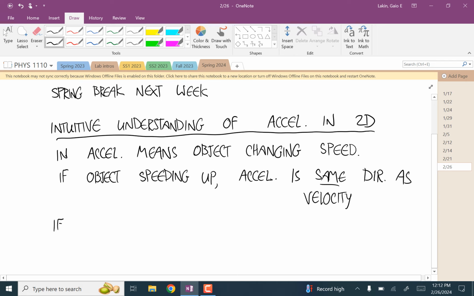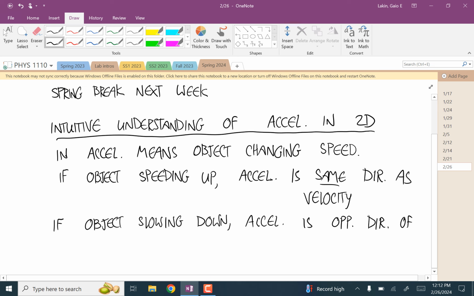And if the object is slowing down, the acceleration is the opposite direction of the velocity.